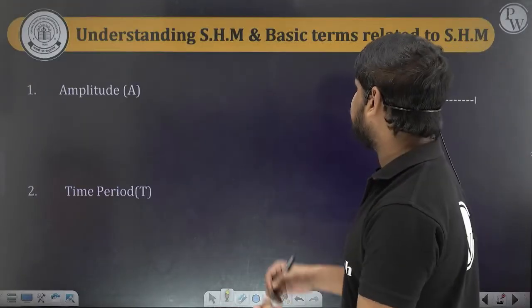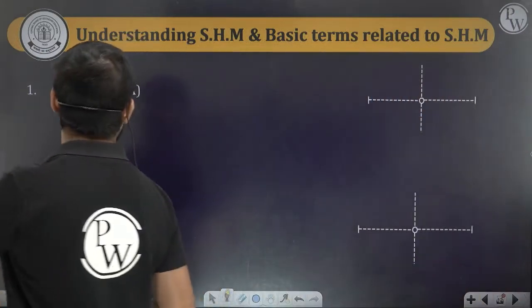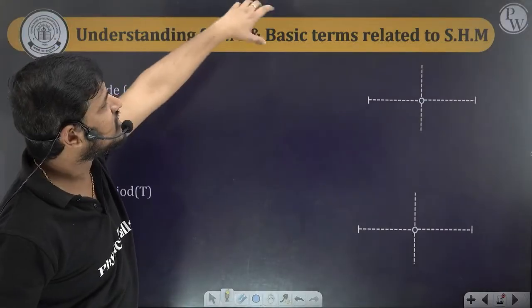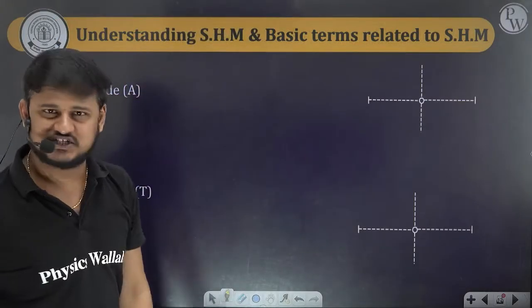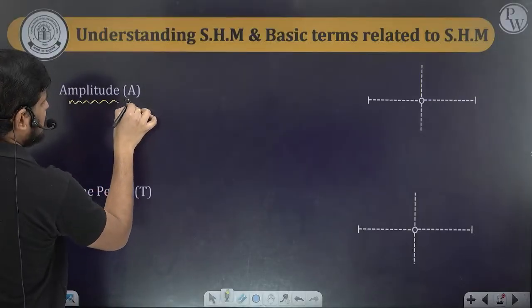Chalo. So this is important. Based on this we have to solve n number of questions. Understand this carefully. Understanding SHM, already we understood what SHM is. Then what are the basic terms related to SHM? The first term is the amplitude. What is the amplitude?